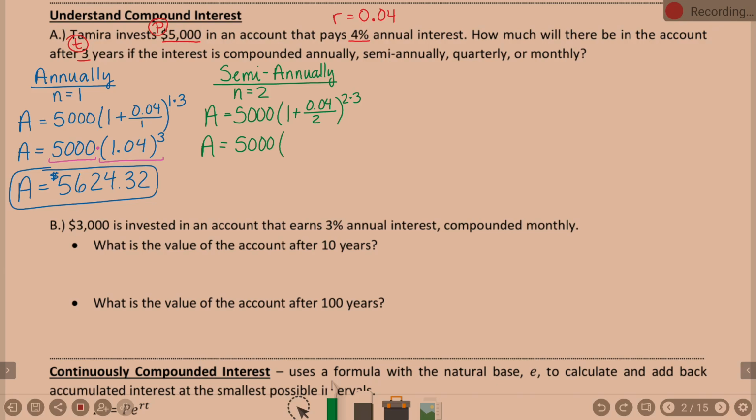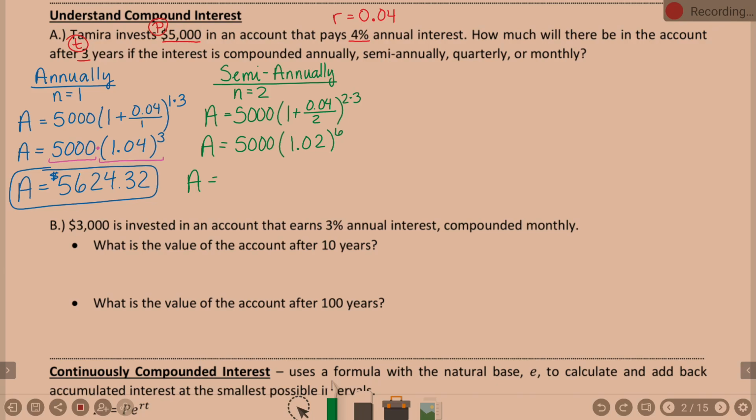In that, what is 0.04 divided by 2? 0.04 divided by 2 is going to be 0.02. And then when you add 1 to it, we're going to have what? 1.02. So that's what I would always start with: figure out what's inside those parentheses. Do the division and then add 1 and then raise to the power of 6.